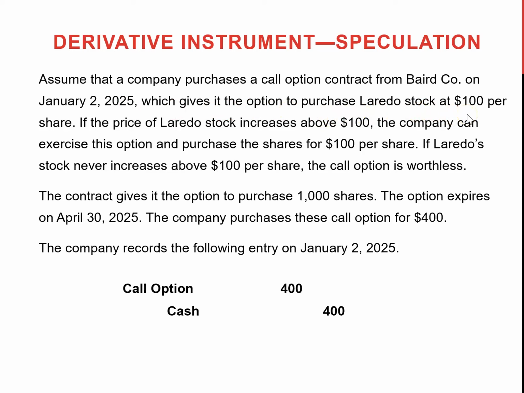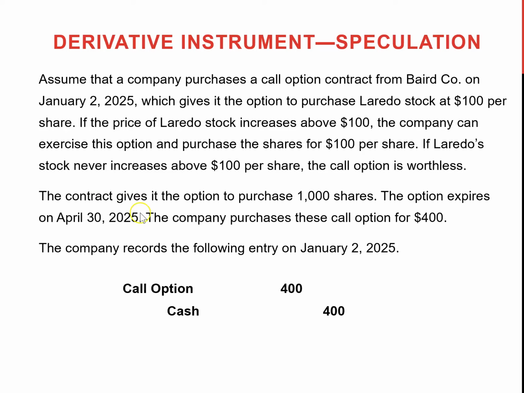Now, you as an investor in these options, you will see if Laredo's stock goes above $100, then you will of course buy Laredo's stocks at $100 and you can sell those at a higher price and make money. But if you see that Laredo's stock price is not going above $100, then you don't need to exercise those options.